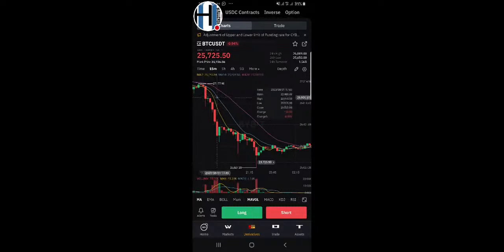If you watch it properly, when I take it in, you have three lines: the yellow, the blue, and the purple for the moving averages. MA7, MA14, and MA28.